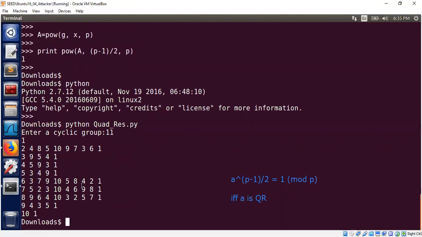So we can take any of these numbers. If we take G equal to 4, it doesn't matter whether the exponent is even or odd, it's going to still generate a new number which will exactly sit in the column number 2. Which means whatever value for the exponent we choose, we are going to see another quadratic residue. So there's no way to distinguish between the odd case and the even case.